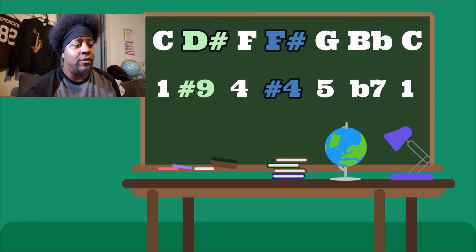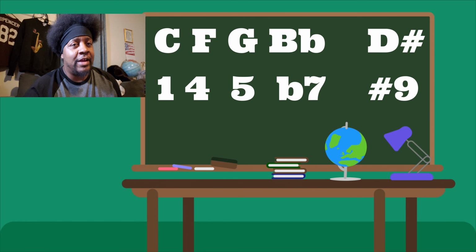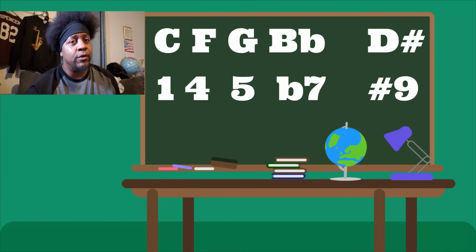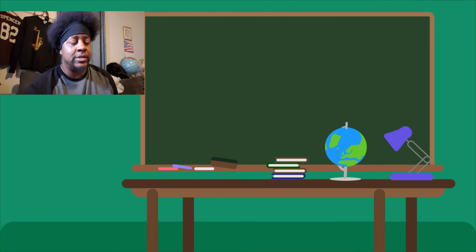So now we have a 1, 4, 5, flat 7, because now we've moved the sharp 9 up to the top. And a chord that does not have a 3rd in it is either no chord or it's some type of suspension. Let's take a look at it this way.